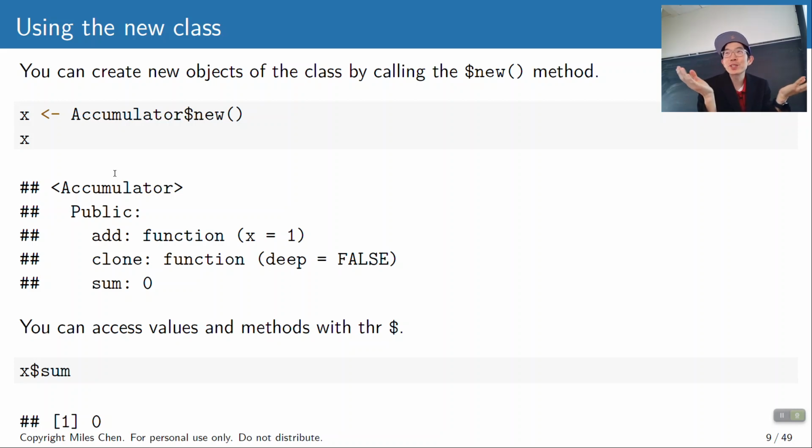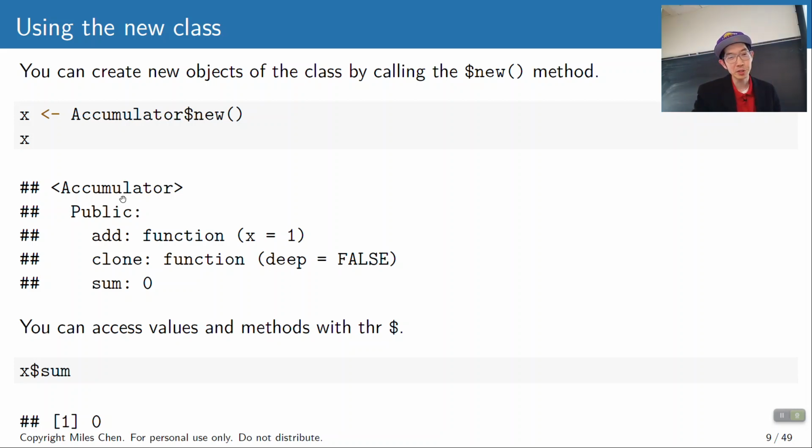It's a little bit of a weird thing to say, but each one of you is an example of the human being class, and each individual person, in this case our x, is an example of the accumulator class object.